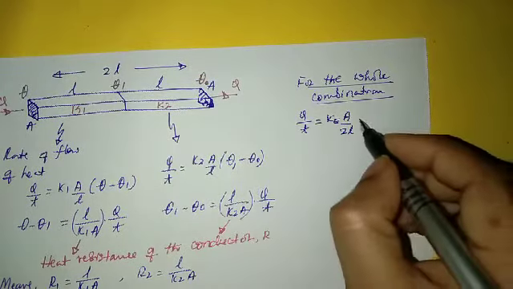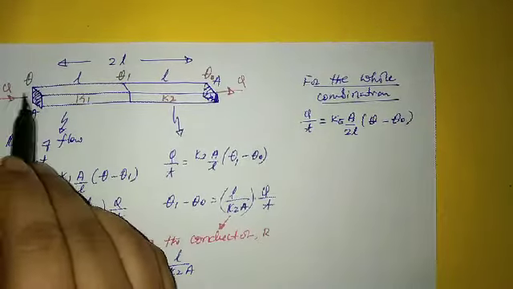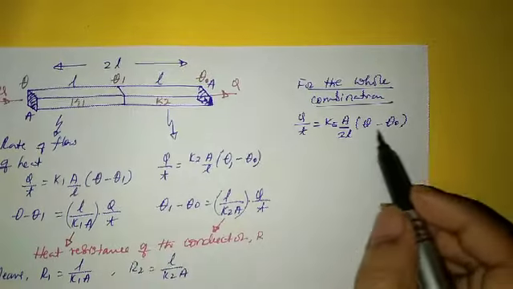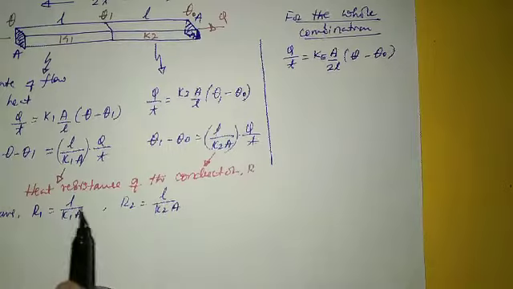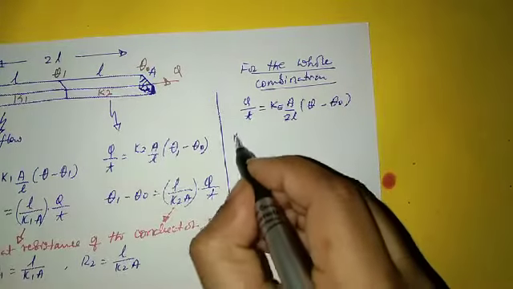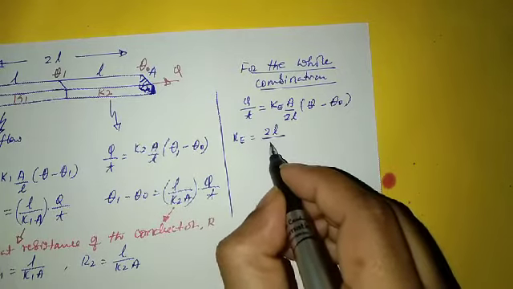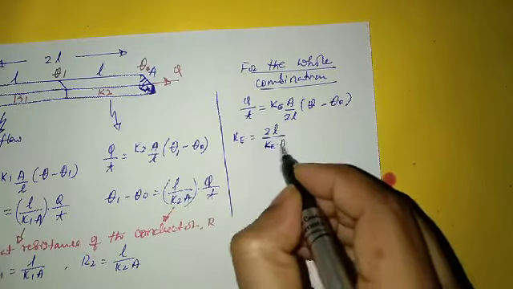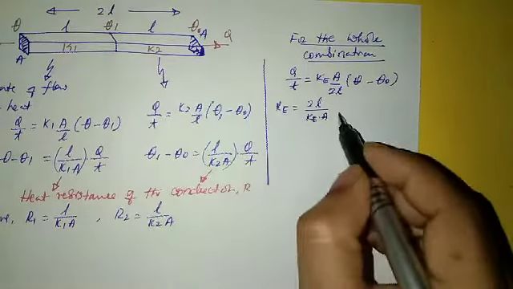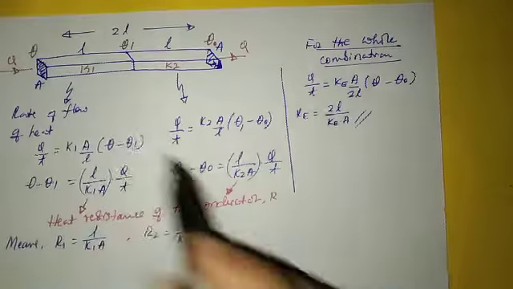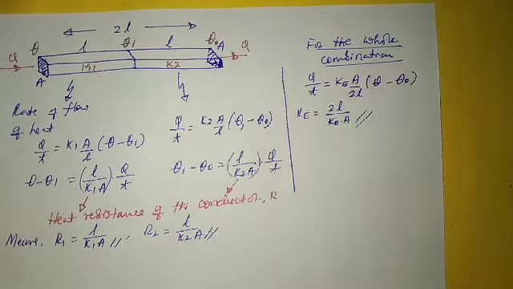The temperature difference should now be written as theta minus theta O. What can I write for the expression for heat resistance now? The effective heat resistance is equal to 2L divided by Ke into A. So this is the expression for heat resistance of the combination, and this is for the first and this is for the second.